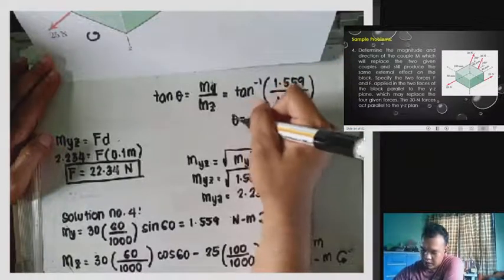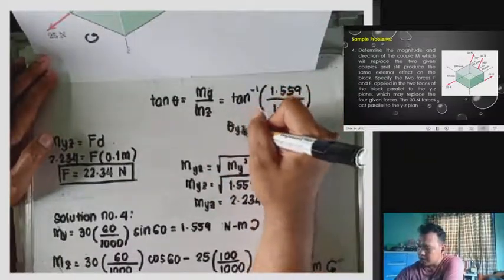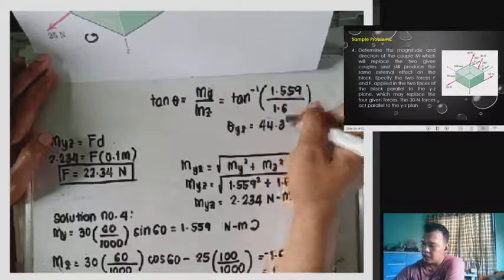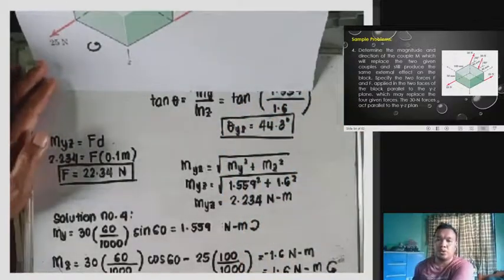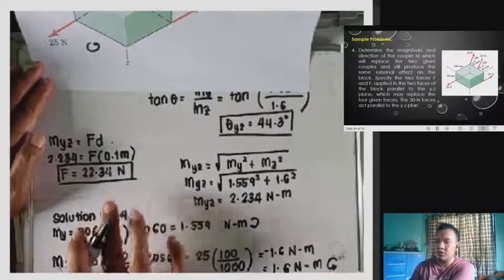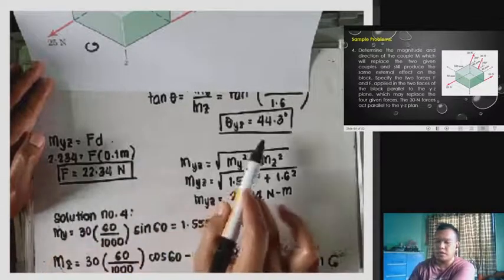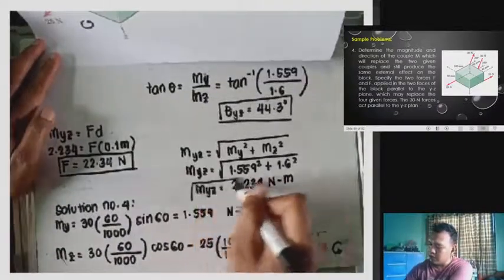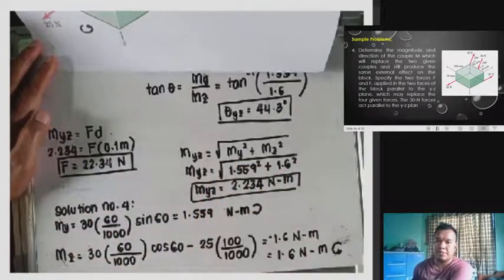Therefore, theta yz is equals 44.3 degrees. So, yung 44.3 degrees, yun po yung mag-act dun sa force natin na to, no? So, kung pag-apply natin ng force dun sa plane yz is force 22.34 with an angle of 44.3 degrees. So, the answer is itong myz na pinapahanap, tapos itong force at yung theta, no?